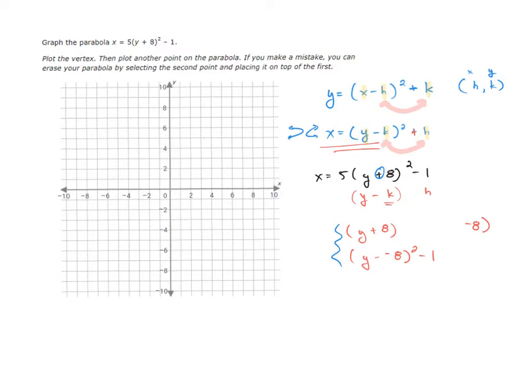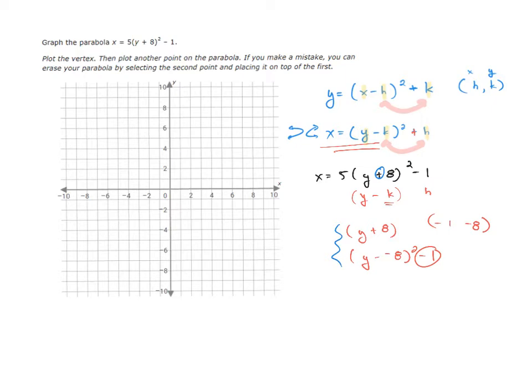So again, how do we end up with, since it's plus h, the fact that it's negative 1, it's okay. There's no real sign change here. It's plus your negative 1, so h is negative 1 here, right?